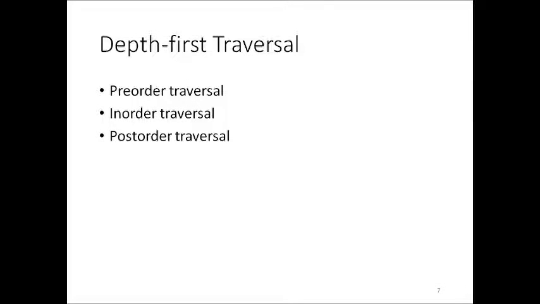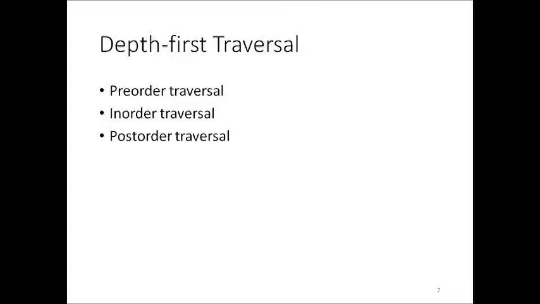We can traverse binary trees according to different strategies. Under depth-first traversal, we can traverse the tree using pre-order traversal, in-order traversal, or post-order traversal. Pre-order traversal first visits the node, then traverses the left subtree, and finally traverses the right subtree.